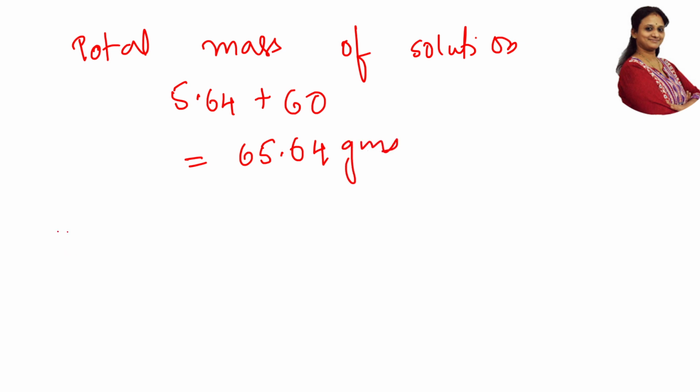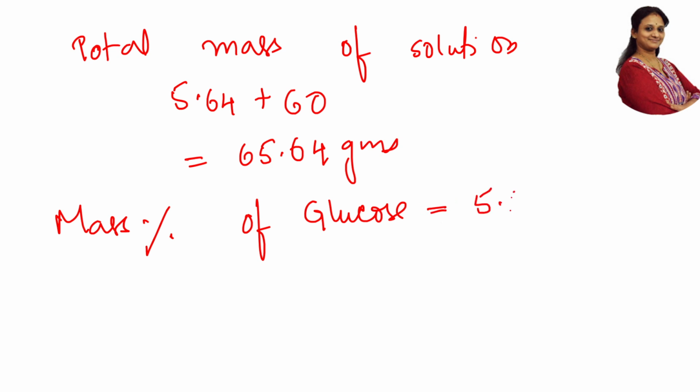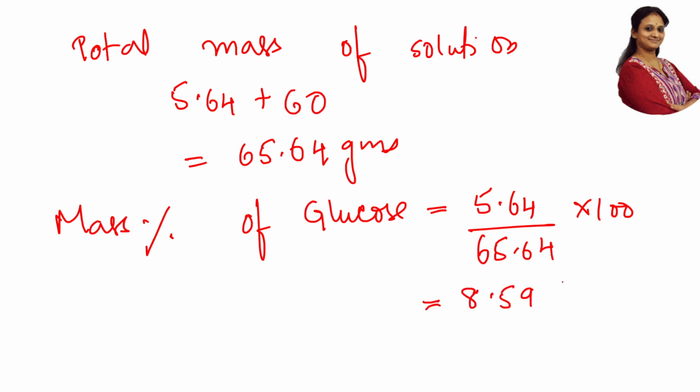This is total. Now they asked me to calculate individually, right? Mass percentage of glucose. How much is mass percentage of glucose? It is weight by the total weight. How much is weight? 5.64 divided by 65.64 into 100. This is mass percentage, right? Which is equal to 8.59%, which I calculated and kept. Same, I have to do it for water.